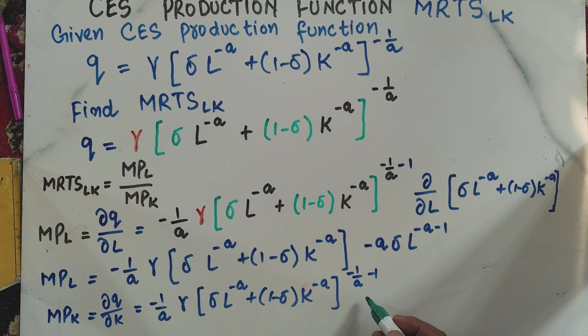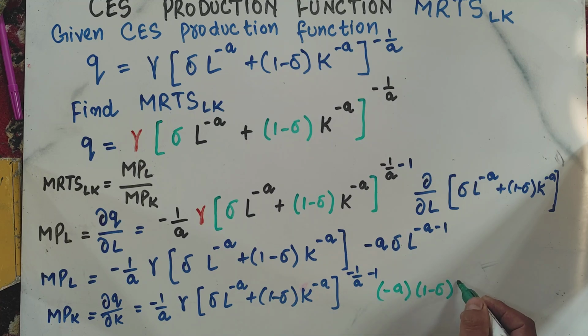So if I partially differentiate, the derivative of this will be 0, and the derivative of K raised to the power minus A will give us minus A times 1 minus delta K raised to the power minus A minus 1.